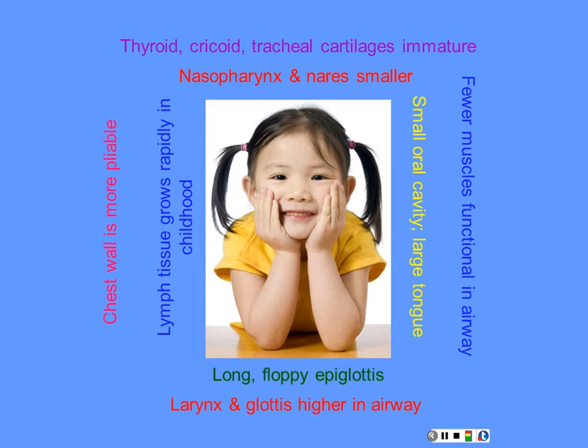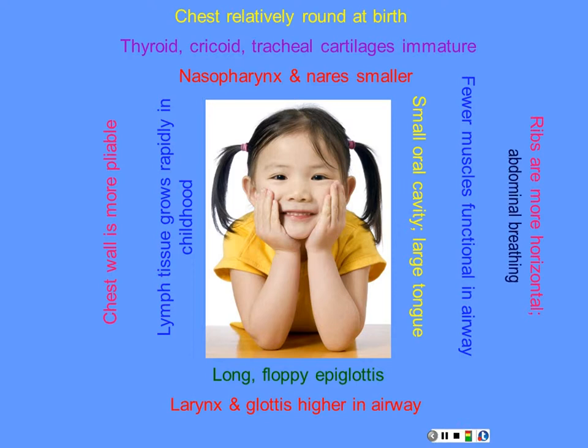Their chest wall is more pliable, so they're not as easily able to compensate. Their chest is relatively round at birth. When you look at babies and toddlers, they're kind of barrel-chested. It generally evens out about age 2. Their ribs are more horizontal, and with that relatively round barrel chest and those horizontal ribs, they're abdominal breathers.